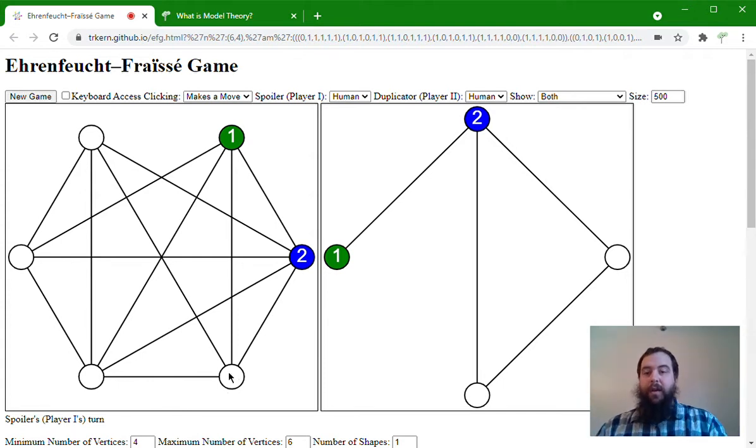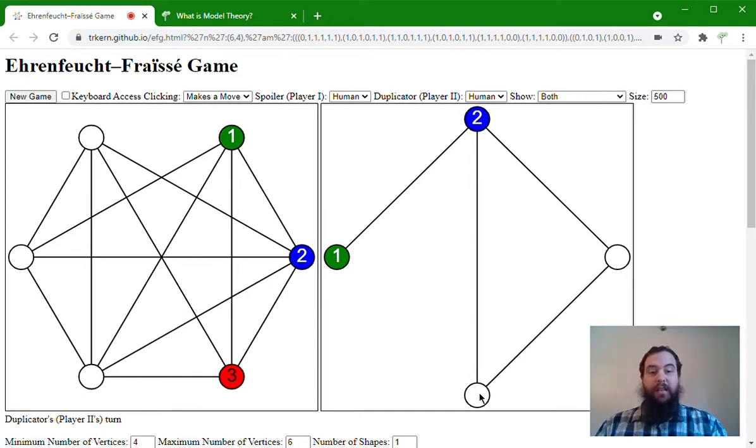And now spoiler, on their turn, will play here. And now duplicator is sunk because over here, vertex 1 and vertex 3 are connected to each other. But over here on the right-hand graph, there's no other vertex besides vertex 2 that duplicator can match to be vertex 3 that's connected to vertex 1.